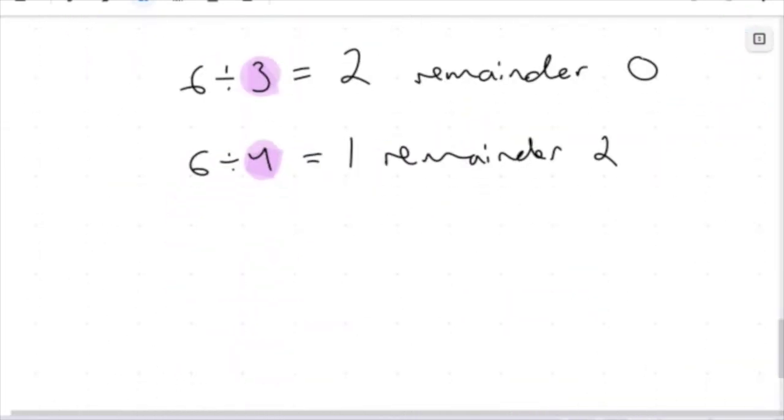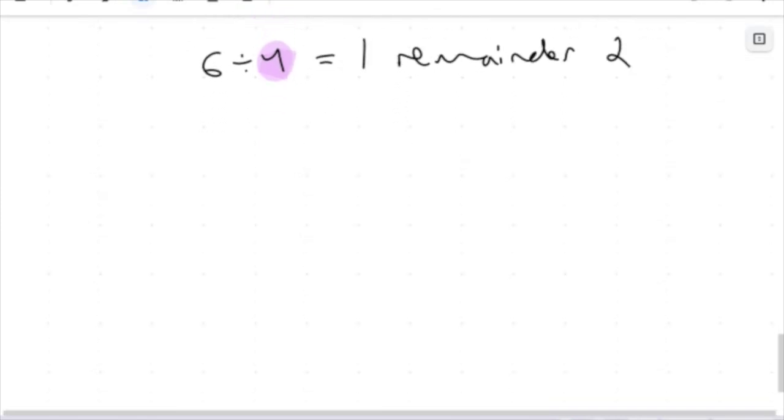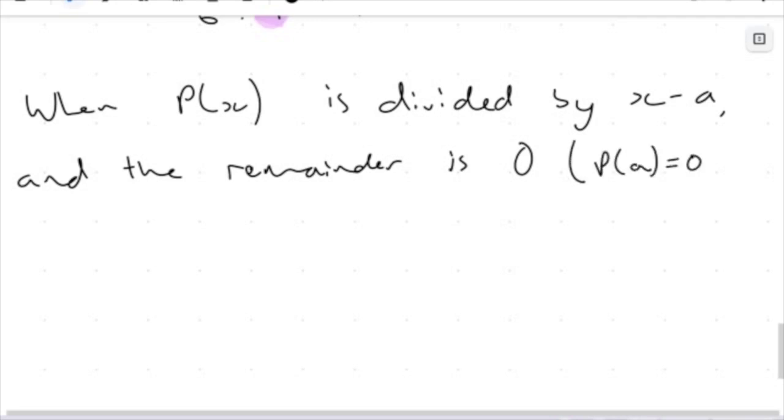So if we look at the factor theorem, our factor theorem tells us that when p of x is divided by x minus a, sorry, that's shocking handwriting, by x minus a, and the remainder is 0, in essence, p of a equals 0, then this is a factor.